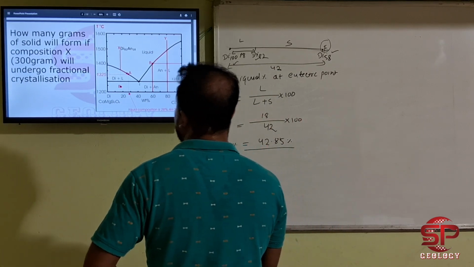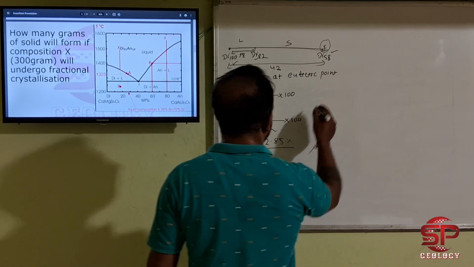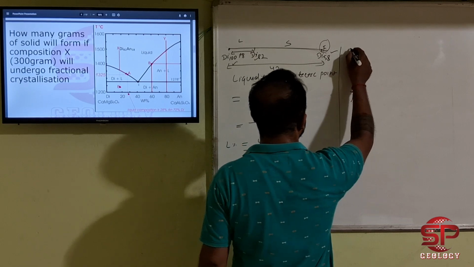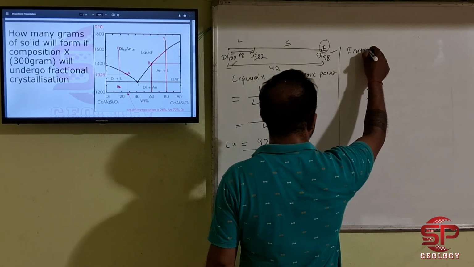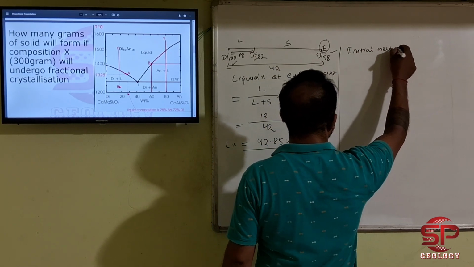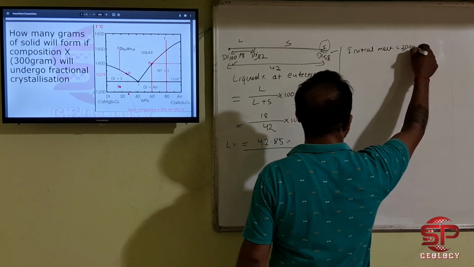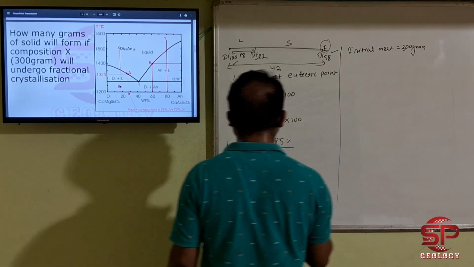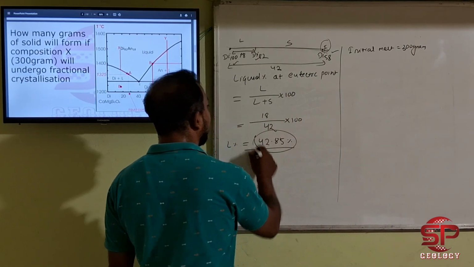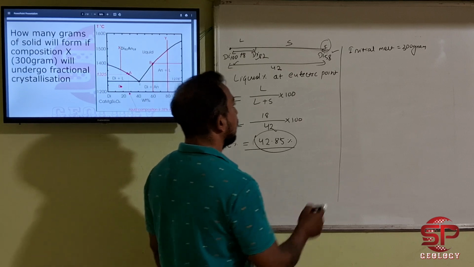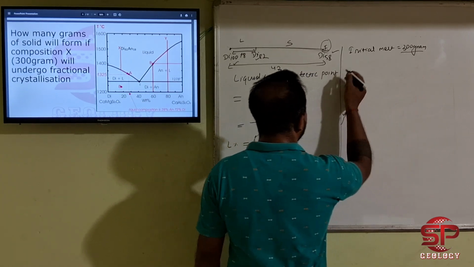So the initial melt we have taken was 300 gram. So at the eutectic point 42.85% melt remains from the initial melt.